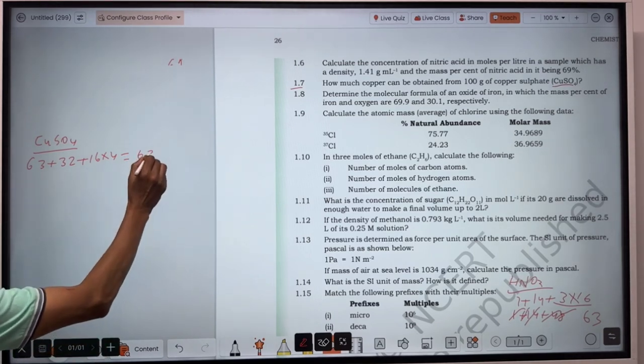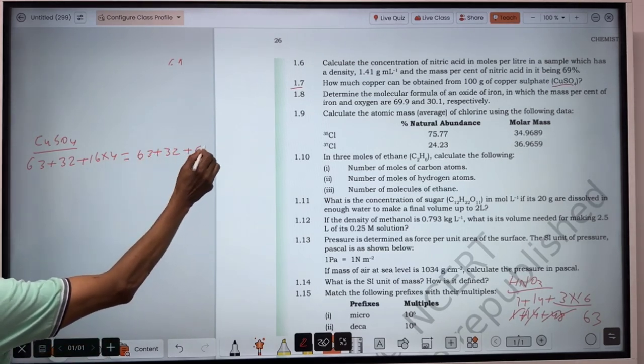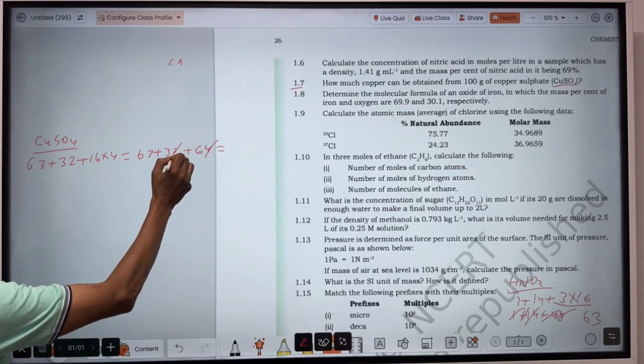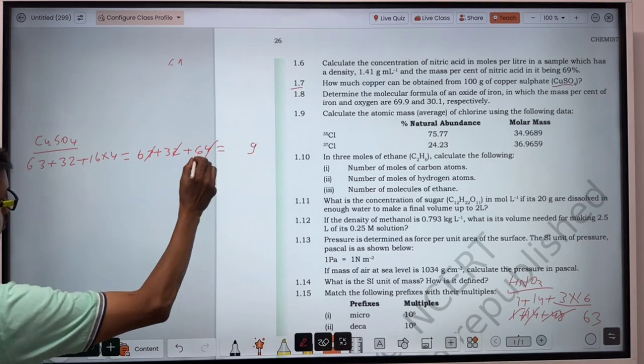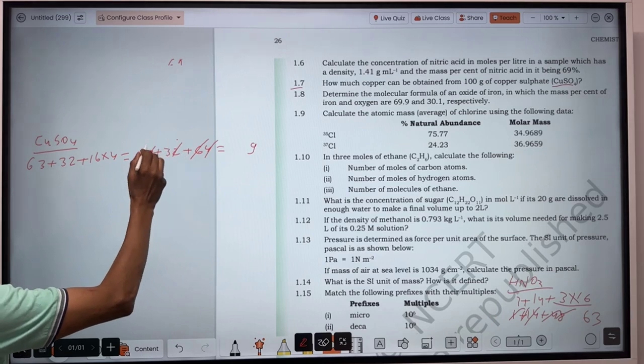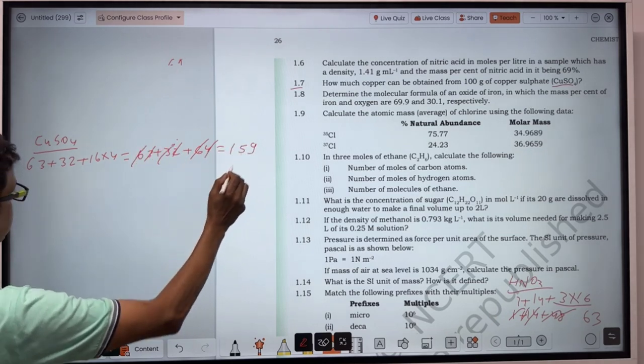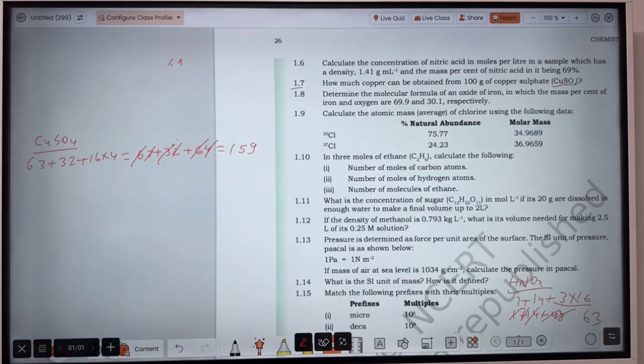That is 63 plus 32 plus 64. Copper is here 63 point something, so you may take 64 also, or 63.5, you may take this one also.